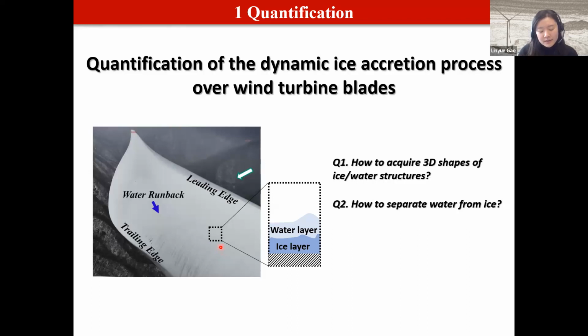Under the glaze icing condition, you can consider we have a mixture of ice and water. So we have two questions to answer. The first one: how to get the three-dimensional shapes of the ice and water structures experimentally. The second question: how to separate water from ice.